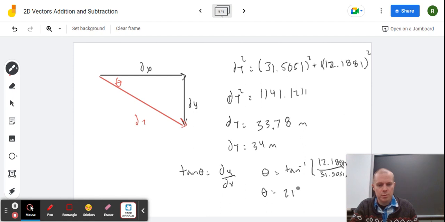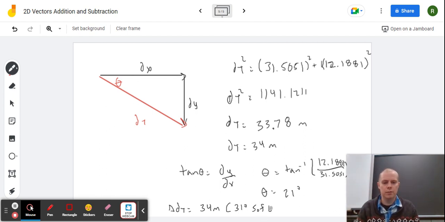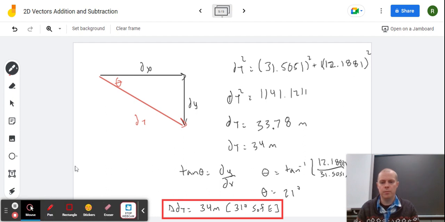And that's going to give me approximately 21 degrees. So my resultant displacement is going to be 34 meters, 31 degrees. I started east and then I went south. So south of east. Okay, and then that is it.